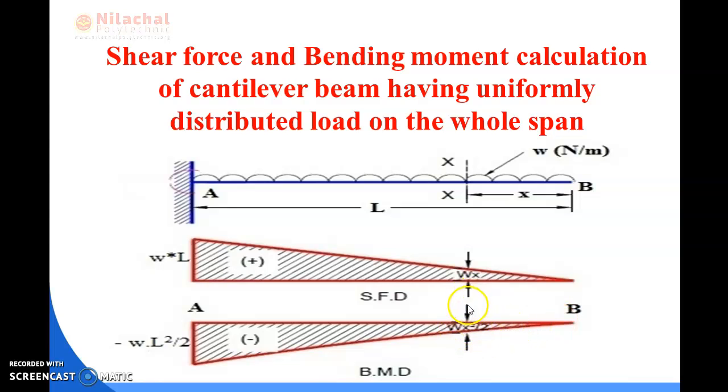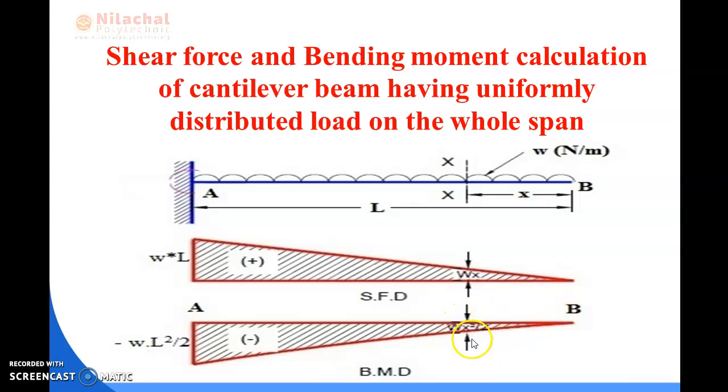Then comes the section XX point, that means here. We got the value WX square by 2. Because your bending moment diagram is negative in nature, we draw a reference line here, which you can see at the upper side of the section.